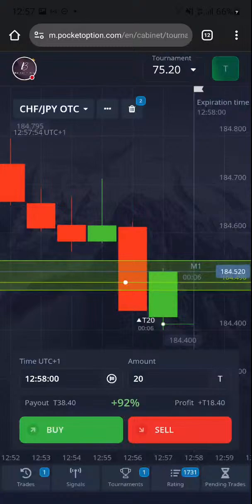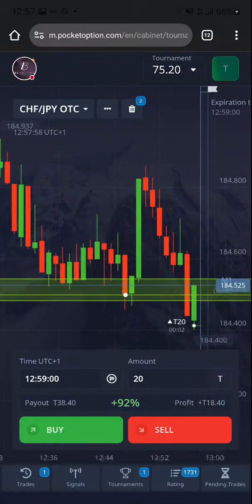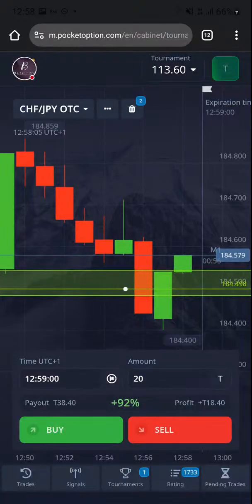You can go with the buyers, but that's if you have a reason to go with the buyers in the first place. Then also look at this. This is a big engulf. It's more like an outside bar. Outside bars do retrace. All these big engulfs like this, they tend to retrace.